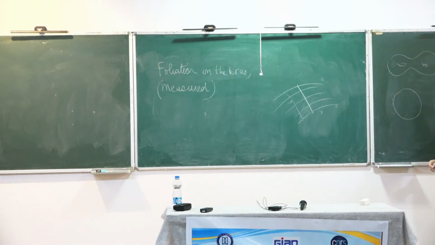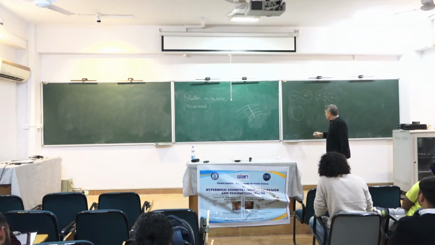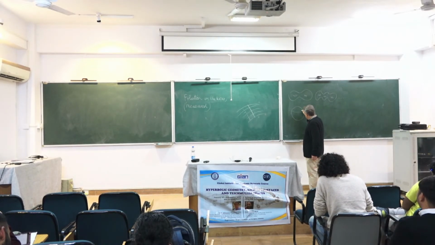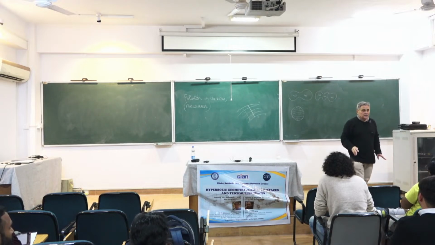Can I draw a foliation of the sphere? Yes. So your friend is telling me, okay, this is, but is this? And then what do I do here? But sir, it is not measure preserving, right? It's not a foliation first.